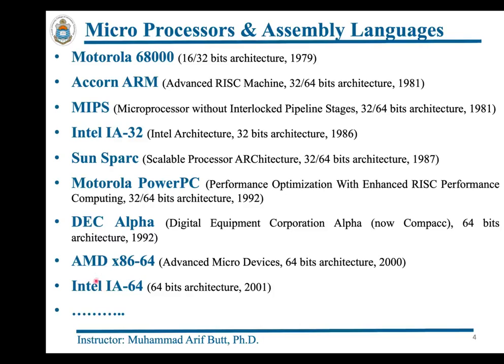Dear students, later both AMD and Intel took over the ownership of x86 64 architecture. Well, all these microprocessors have their own instruction set architectures. And in this part of our course, we are going to study the ISA and assembly programming of x86 64 microprocessor. And later, if you want to switch on to the assembly of any one of these architectures, I hope it will be a piece of cake for you all.